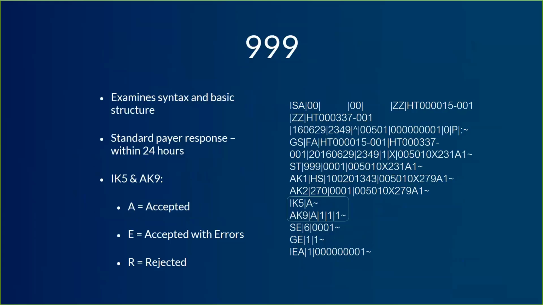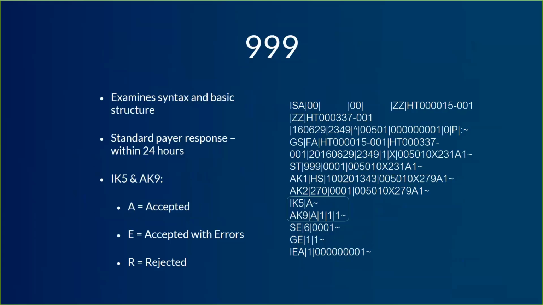Now, the thing with 999s is that the typical industry usage is to accept or reject on the entire batch. So if you sent a claim batch with 10 claims inside, and one of those claims had an invalid character or a segment in the wrong place, one of those syntactical errors, then you could see the entire batch of 10 kicked out for the errors of the single claim.